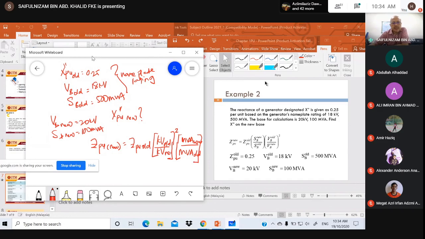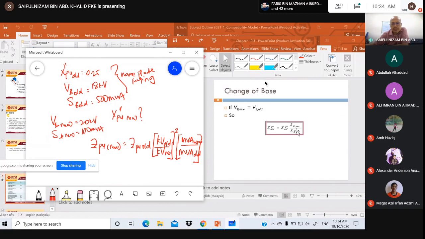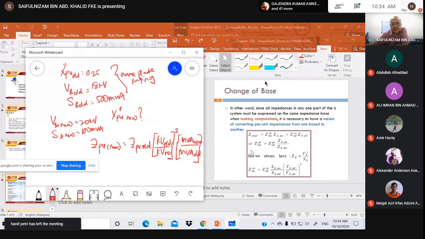I have to remember this: Z PU new equals Z per unit old times kV old over kV new squared times MVA new over MVA old. This expression is derived from here, right? So this is the derivation of this expression. It is for impedance, not current, not voltage.